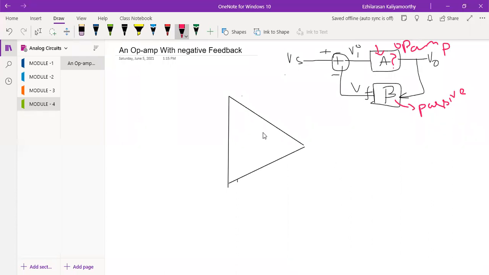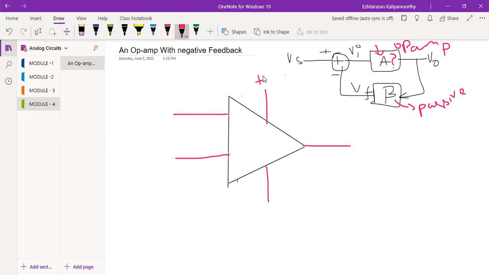Next, normally the operational amplifier, as you know in your lab, has how many terminals? It is like 8 terminals actually, but we are not going to show all the terminals here. So just for this operational amplifier, the symbol will be this. It has 2 input terminals, then 1 output terminal with the supply.